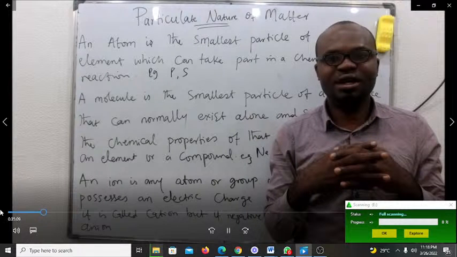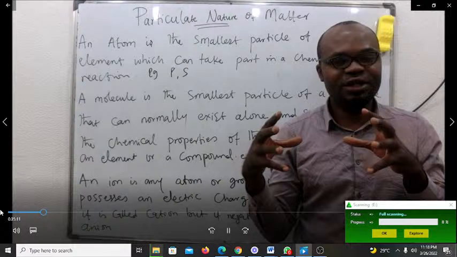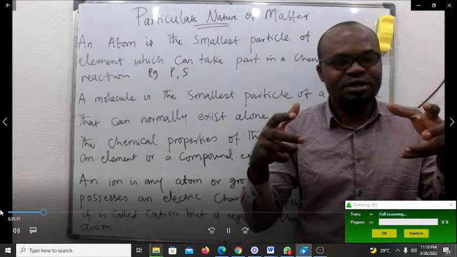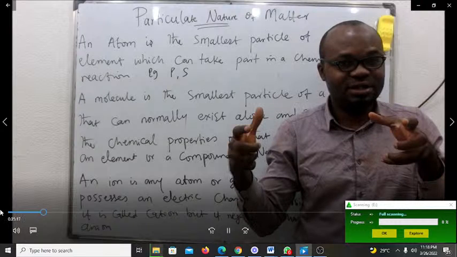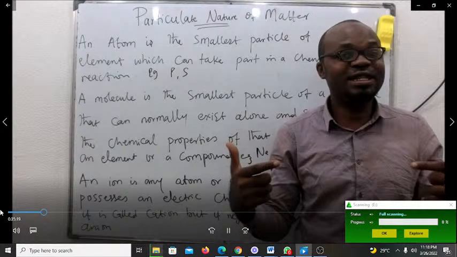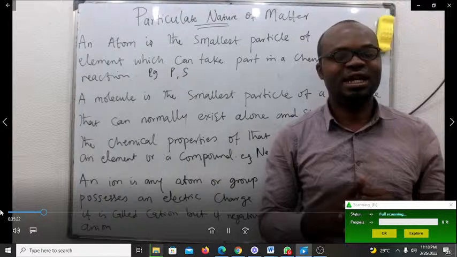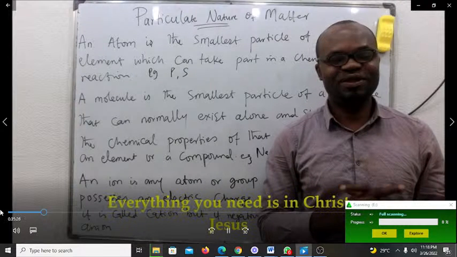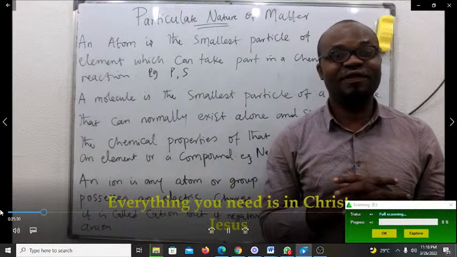Now, a molecule is the smallest particle of a substance that can actually exist alone and still retain the properties of that substance. You can have a molecule of hydrogen.